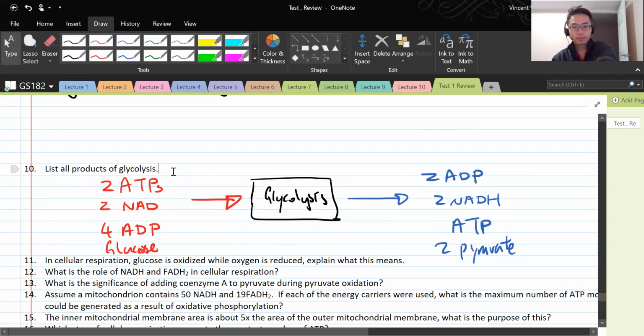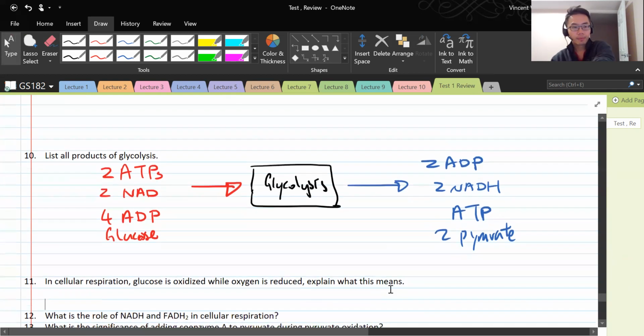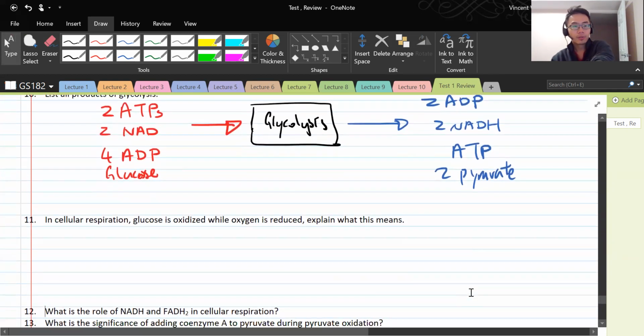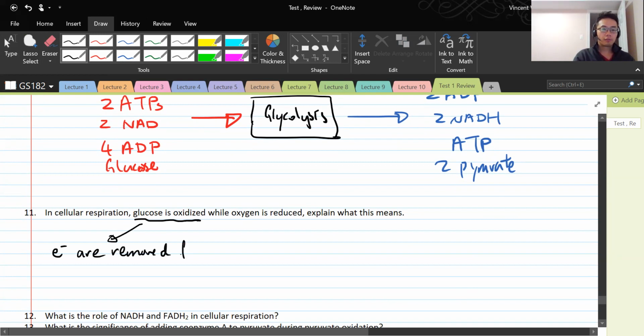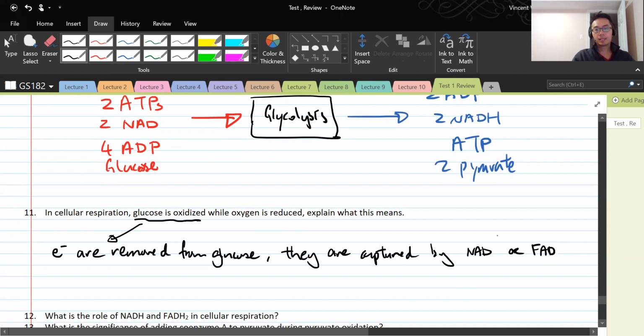Hold on. In cellular respiration, glucose is oxidized while oxygen is reduced. What does it mean? So glucose is oxidized. It means electrons are removed from glucose. Okay, and remember the electrons are captured by NAD plus or FAD.